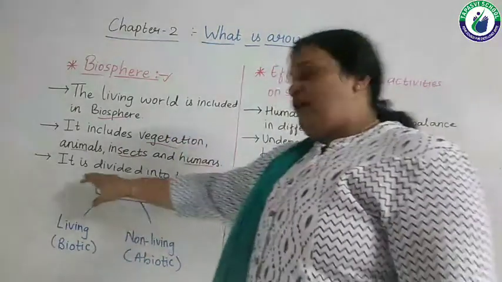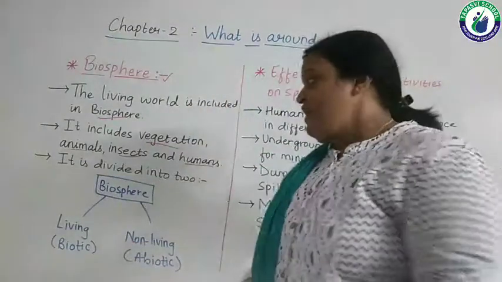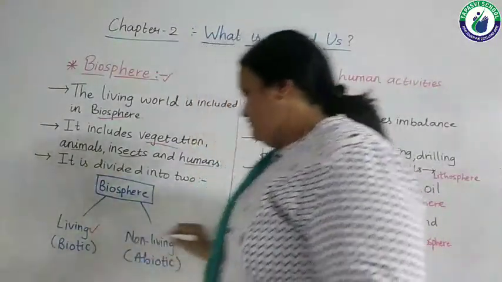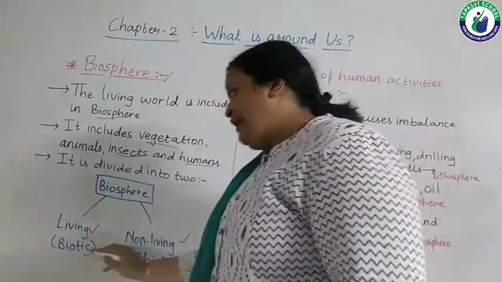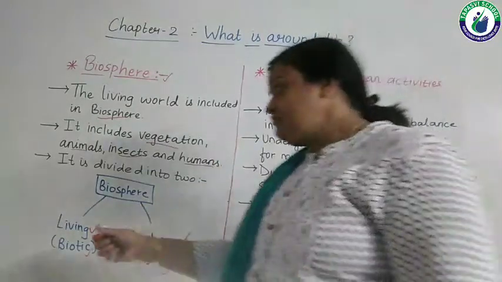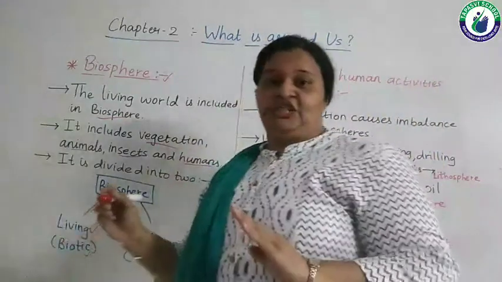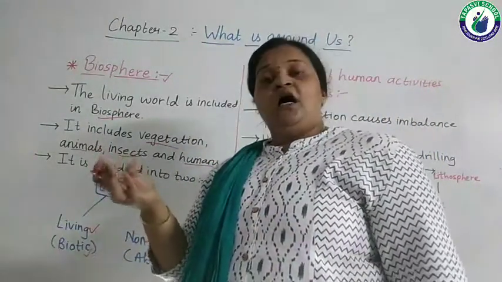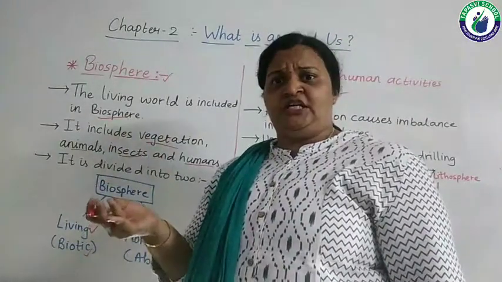Right? Now again, biosphere is divided into two parts, which is living and non-living. Other names of it are biotic and abiotic components. Biotic components include all the living creatures, humans, animals, insects, birds, vegetation, right?